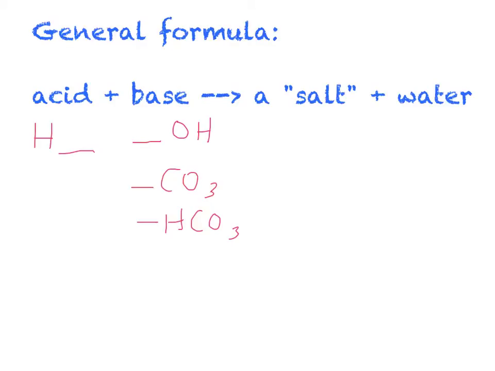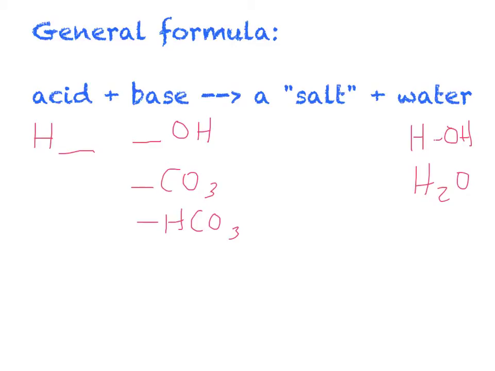But usually it's the hydroxide. So if you think about it, what do you get if you put H with OH? You guys know that that is water. That's our HOH, or water. So this is where the water is coming from in the reaction. It's the hydrogen ion of the acid reacting with the hydroxide of the base, producing water.